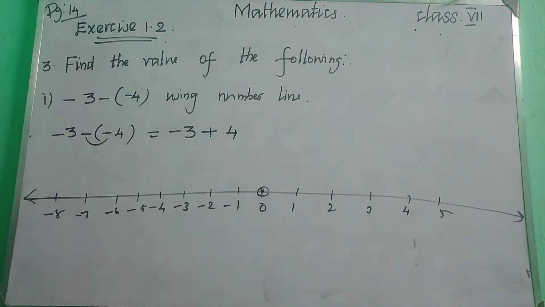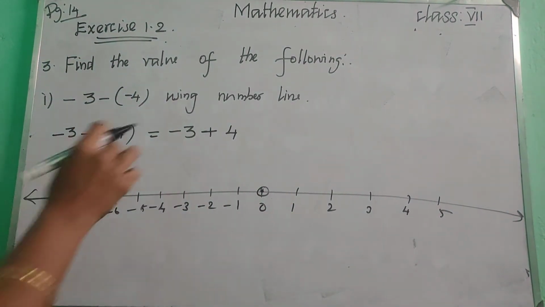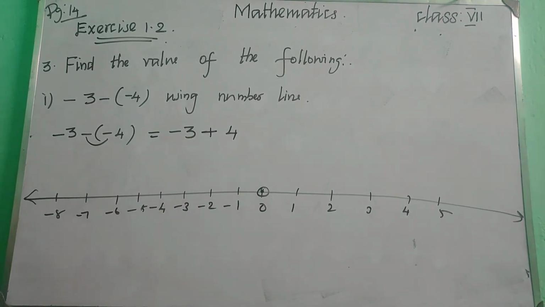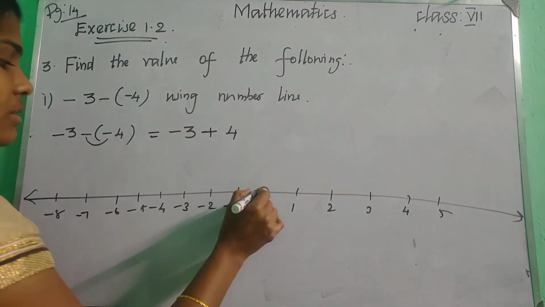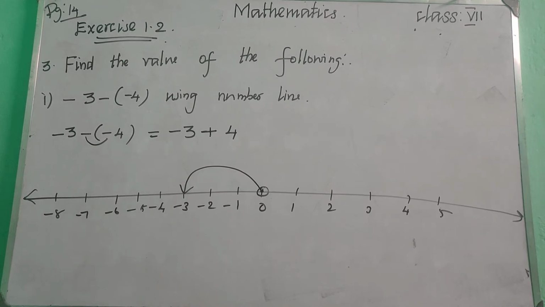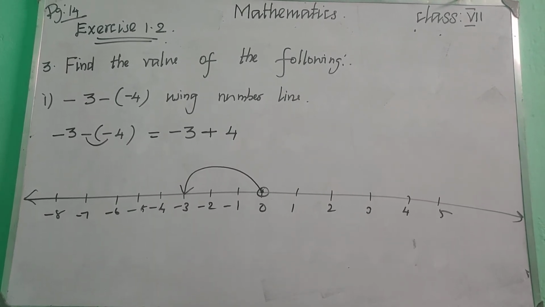Now we are here at 0, so we need to move to minus 3. Minus 3 means it's on the left hand side. We need to add plus 4, and plus 4 means it will move to the right hand side.